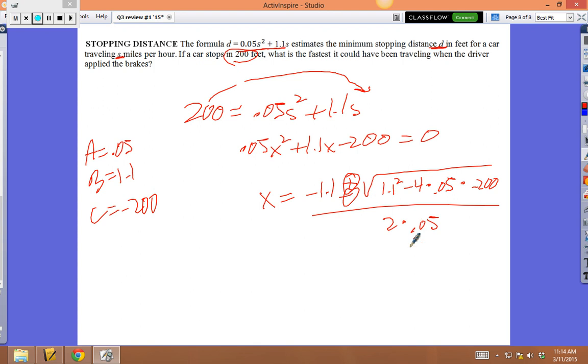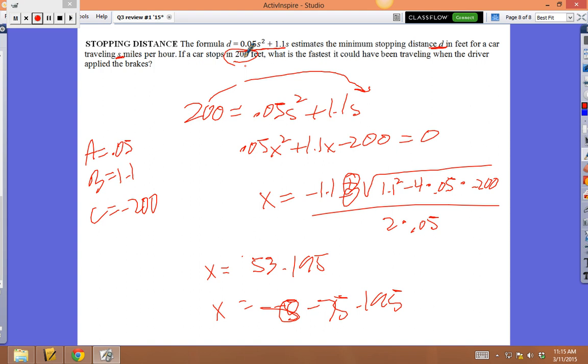Just type it in on your calculator, hit enter, and let's see which of those two answers we want. So let me pause it. Okay, my two answers: one of them was 53.195, and one of them was negative 75.195. And a negative speed doesn't make sense.